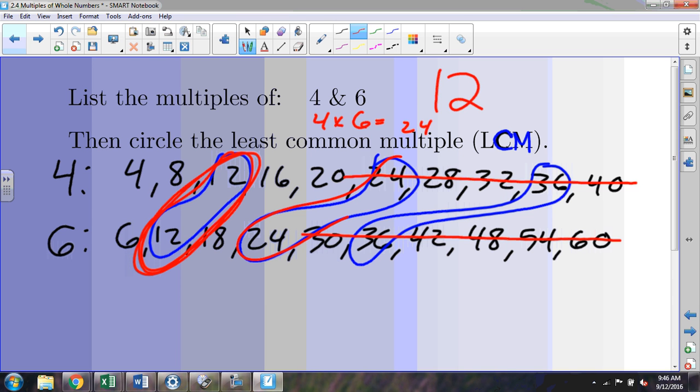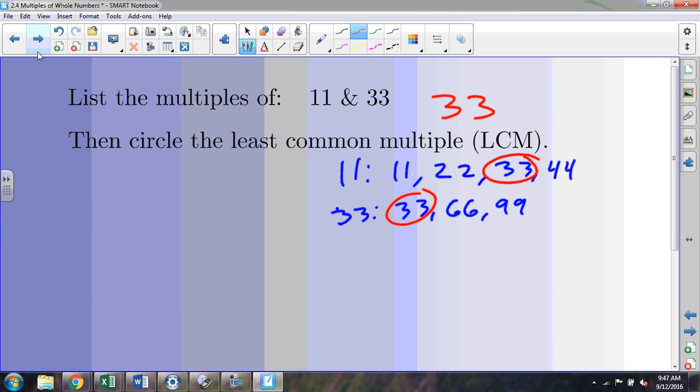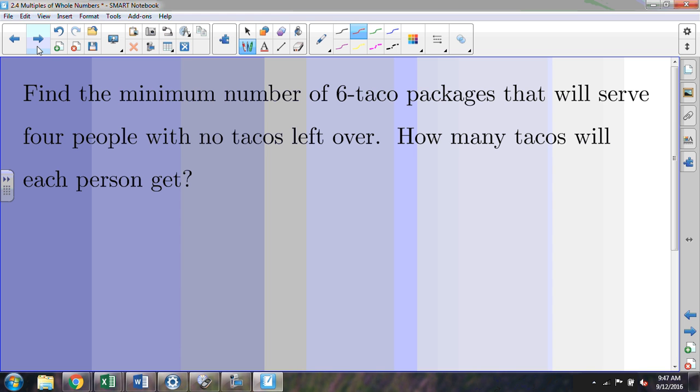And 24 was on our list of common multiples, but it was not the smallest one of 12. Same thing here. If we took 12 times 40, that would have been 480. 480 will be one of the common multiples, but it was not the smallest common multiple of 120. Don't think that multiplying them is going to give you the least common multiple. It usually won't.